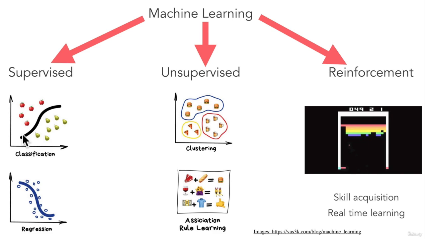So in a supervised learning scenario, we can do things like classification to decide, is this an apple or is this a pear? The machine learning model simply draws a line to decide, hey, this is an apple and this is a pear. Or we might do something called regression instead of classification, based on inputs. For example, predicting stock prices.